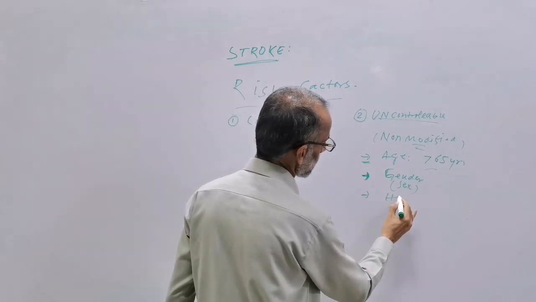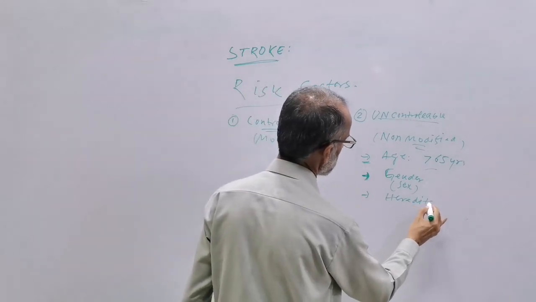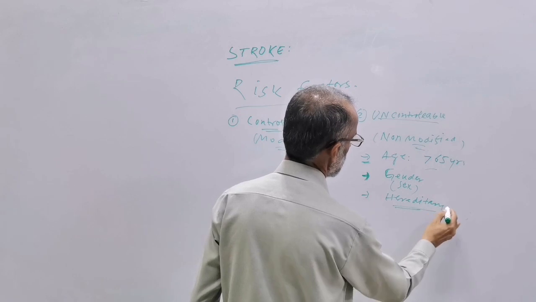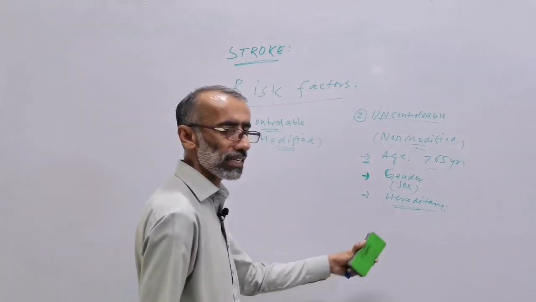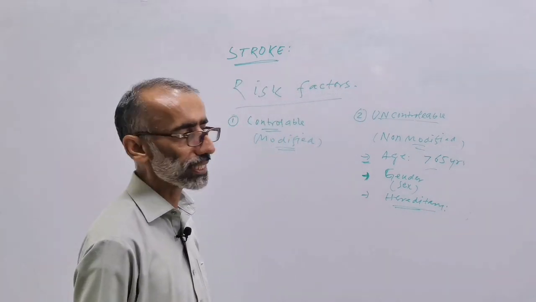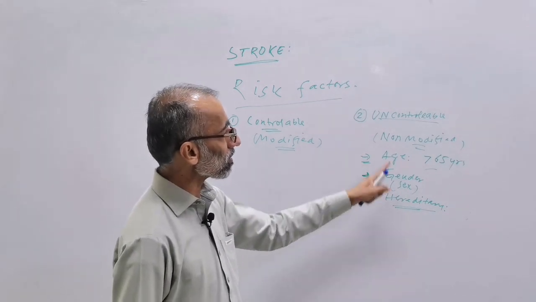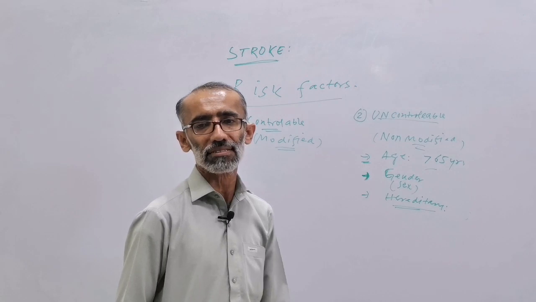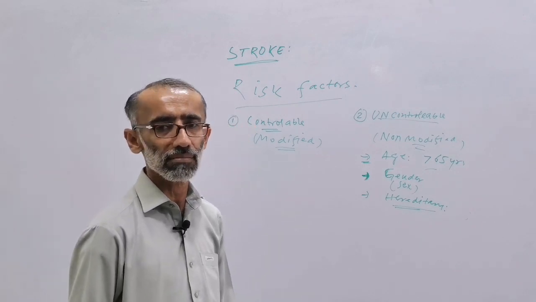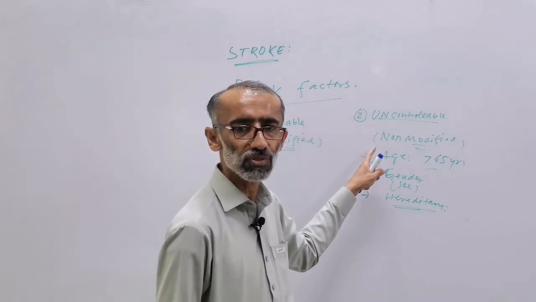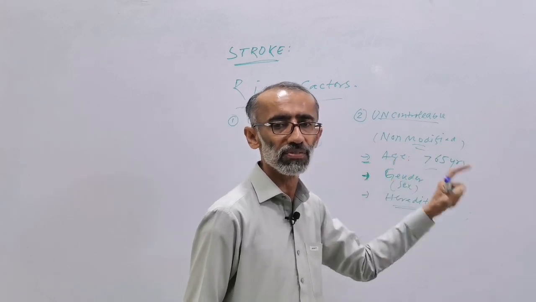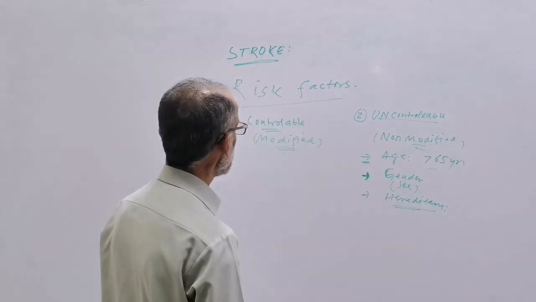The third one is hereditary, if there is a family history of a stroke. Age, gender, hereditary, these are uncontrollable risk factors. We can't control or modify them, so it is called non-modified risk factor.